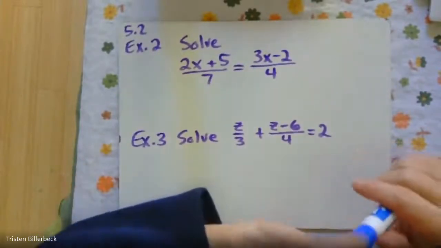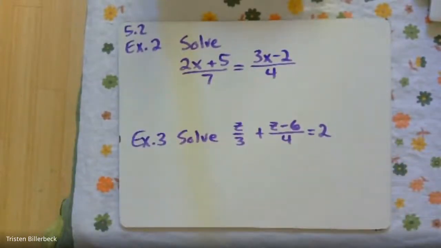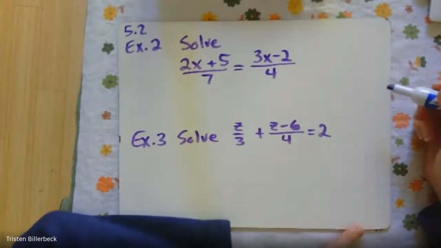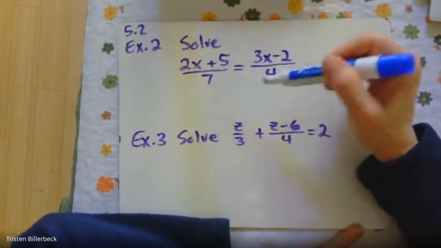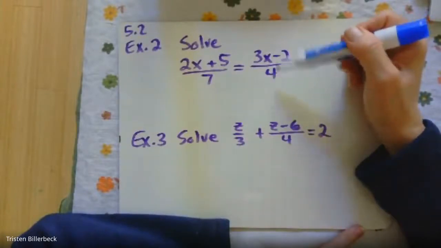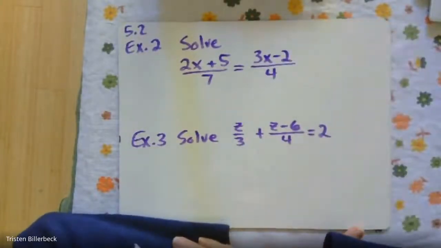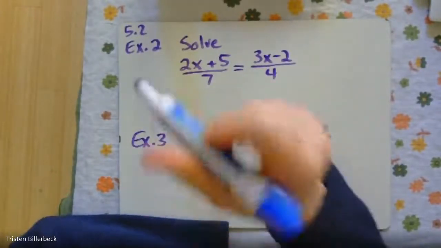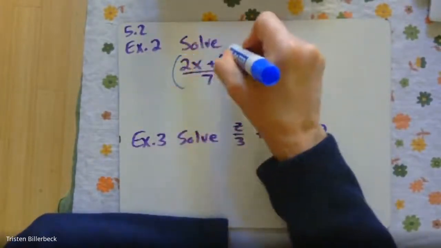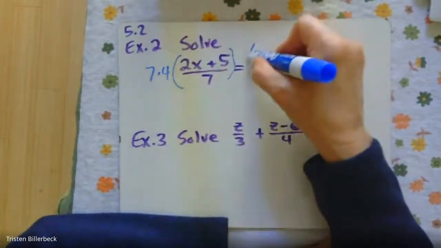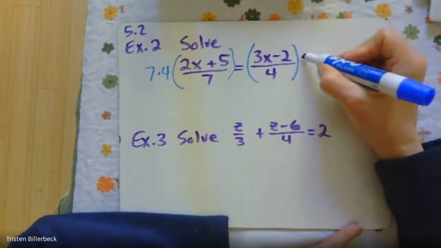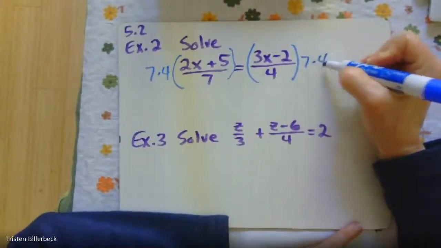All right, so for this one, what we can do is we can see that if we multiply by 7 times 4, we can get rid of both of the denominators here. So 7 times 4, and if we do that to one side, we have to do it to the other side.